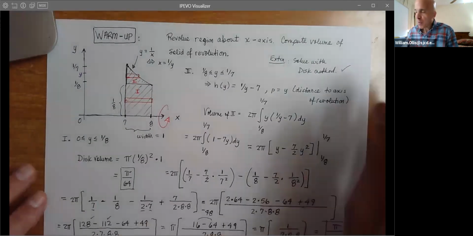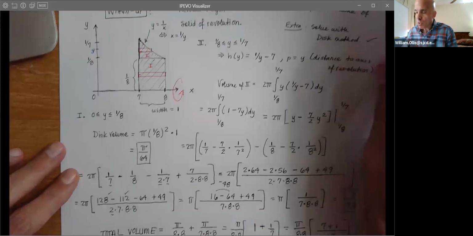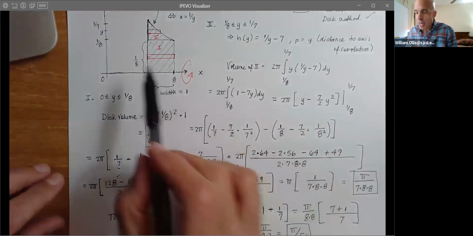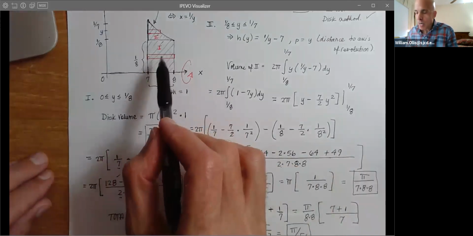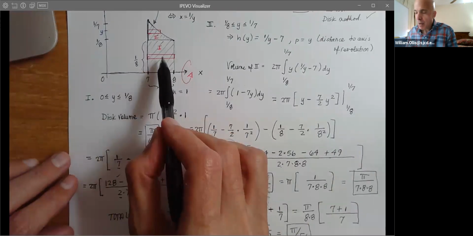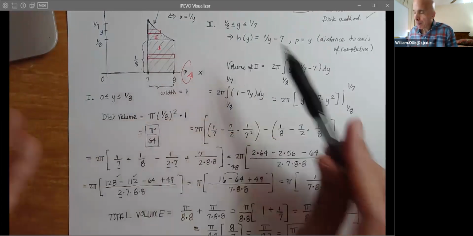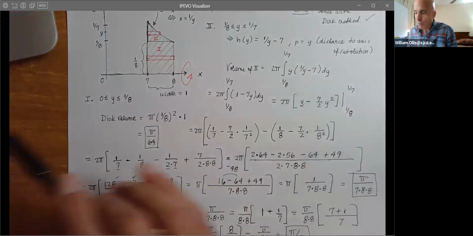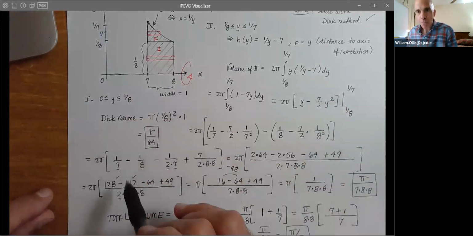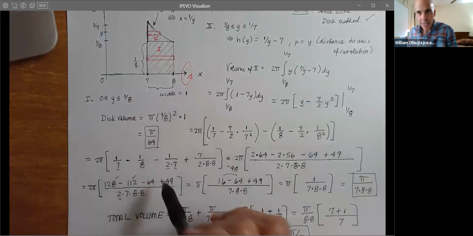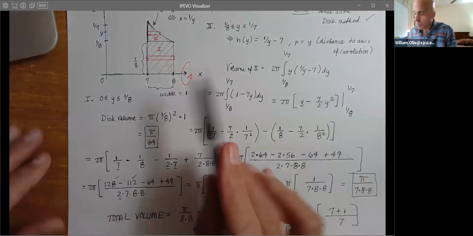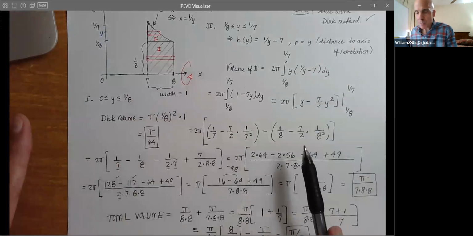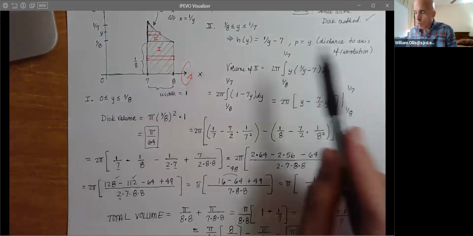And so I think this problem, like I said before, was basically generated to give you practice with the shell method. But here's what I'm saying. And I did a problem like this in the lecture notes that are posted on Blackboard, where I said it's always best to pick the best method or the easier method, because the shell method like this had lots of arithmetic, whereas the disk method would be less.